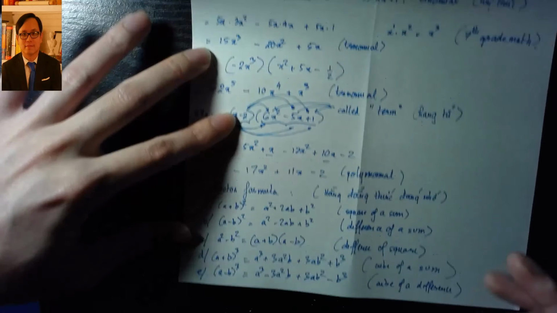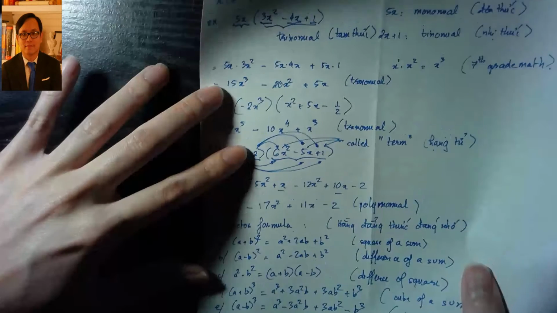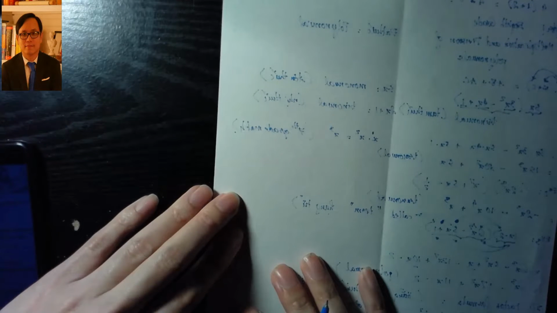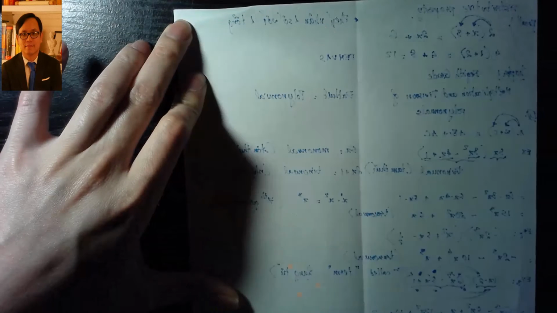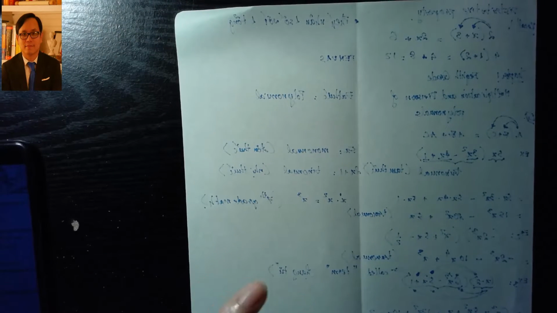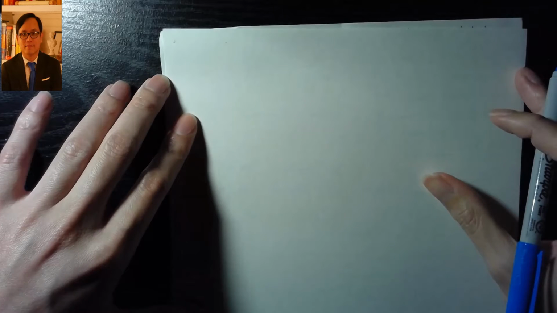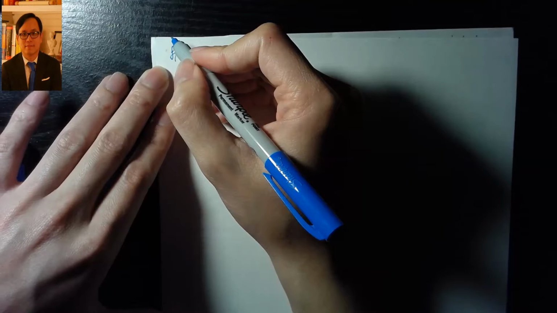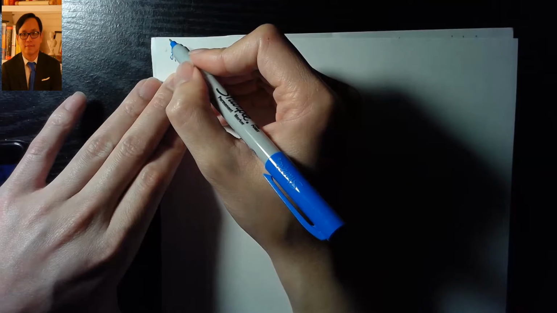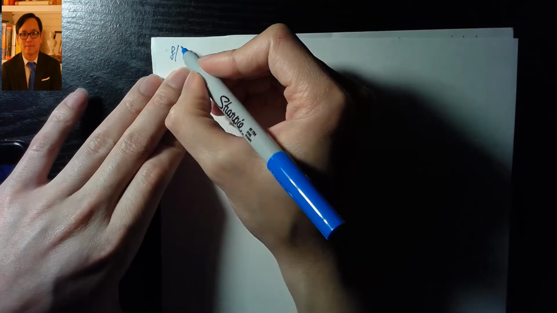Okay. I think I'm going to use another paper. Okay. F is called square of the cube.